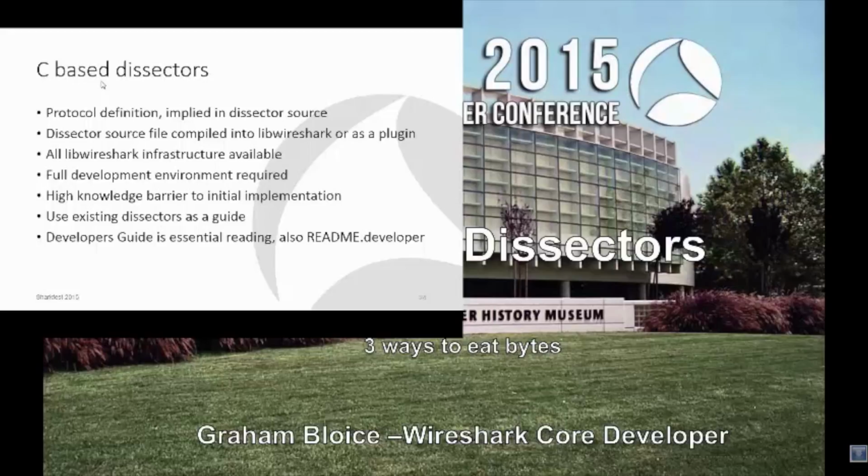I might mention here, just as a slight side issue, when you use Lua or C, you are subject to the GPL. Wireshark is released under the GPL, and using Lua or C, you are linking with the binary, so you're subject to the GPL requirements, which means you can freely distribute as long as you give the source to those who request it.